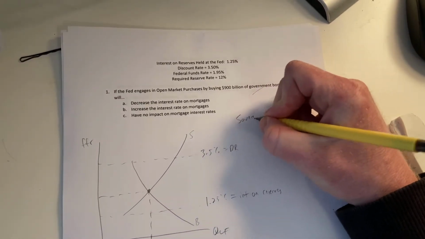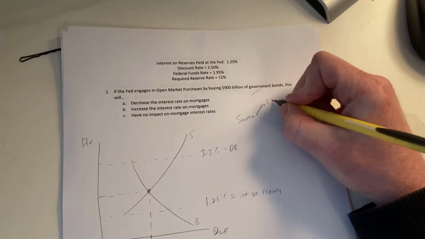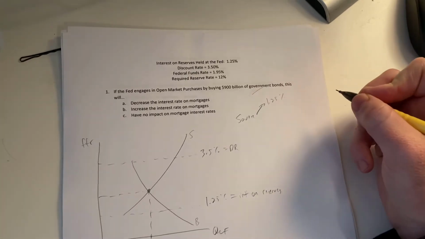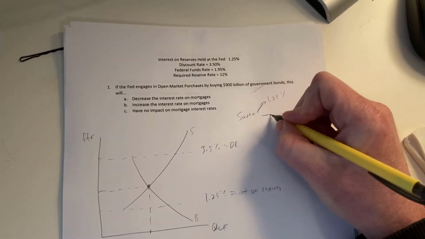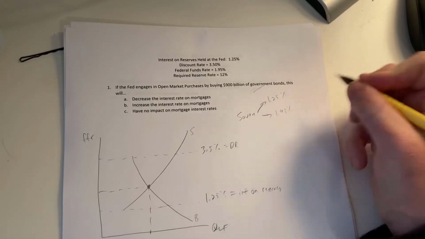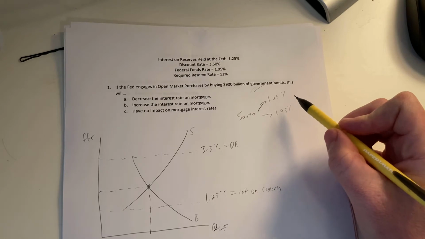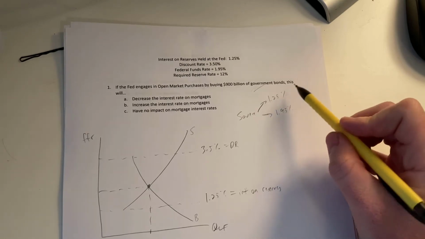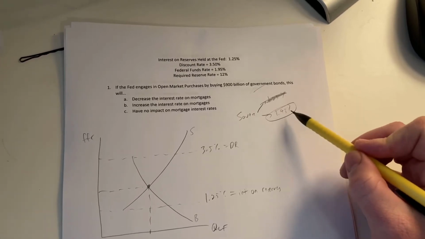So if a bank right now wants to save, it could save money at the Fed at 1.25%. It could save money at the other banks, the federal funds market, and get 1.95%. So in regards to its excess reserves, if it's going to be saving any money, it is going to choose the 1.95% rate.